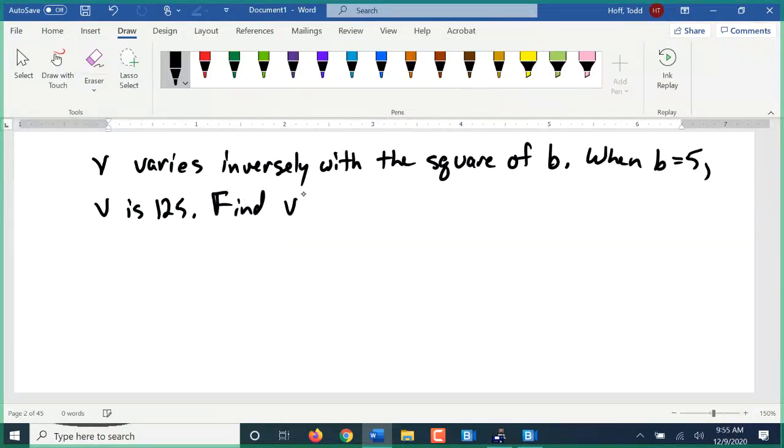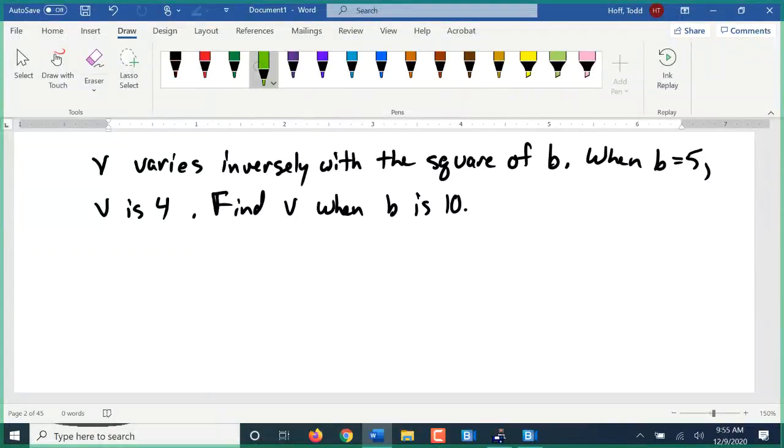Find V. Oh, let me get that. Let's do this. When B equals 5, let's say that V equals 4. We'll make it a little simpler. Find V when B is 10.